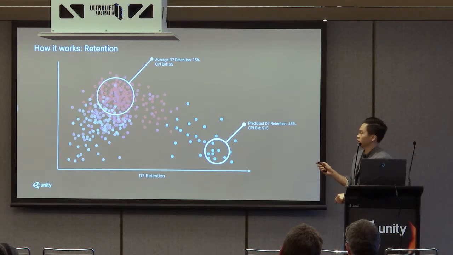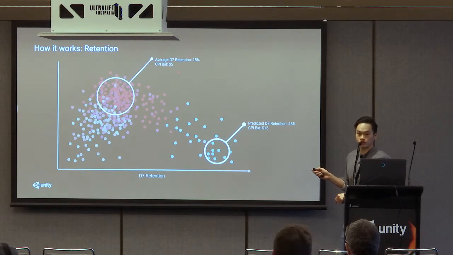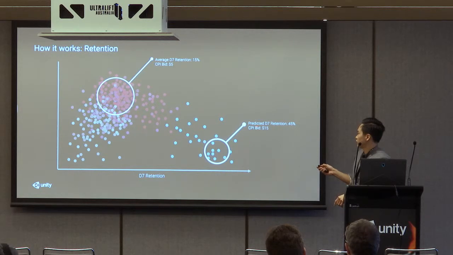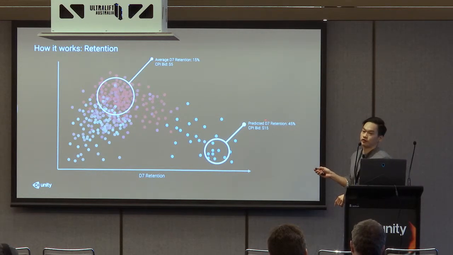And so what the system does is that with the dynamic CPI, we only pay the right price for the right user at the right quality. What you're seeing right here is that for players with D7 retention of 15%, we will only pay $5 for them, which is way below your $8 anyway. And for those that are predicted with a D7 retention of 45%, we will pay $15 for them.